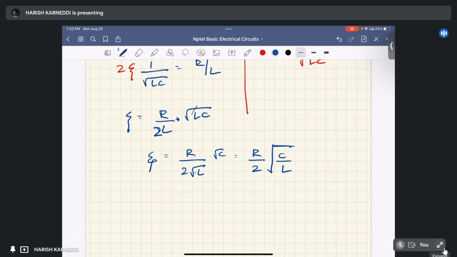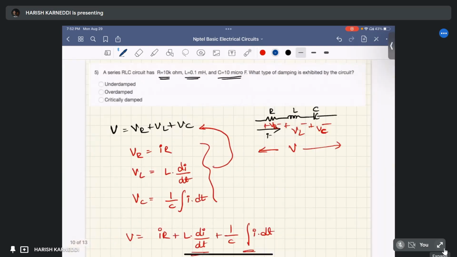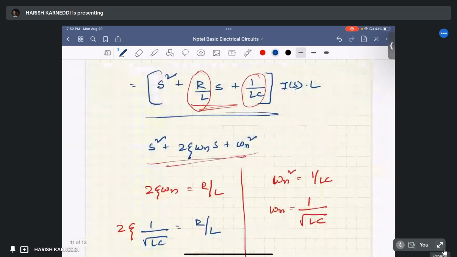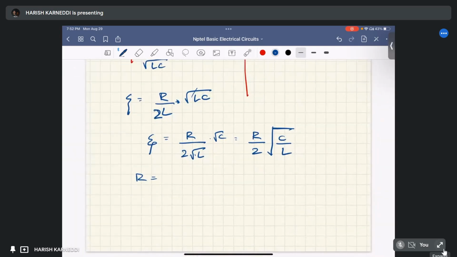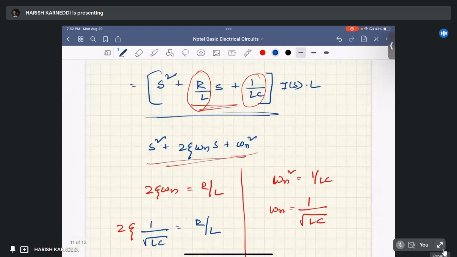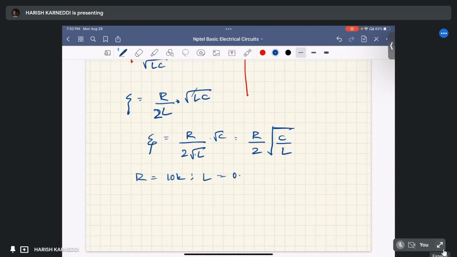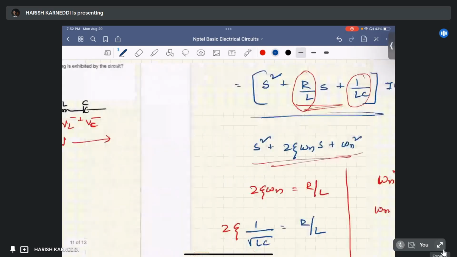You can substitute the values of R, L and C. What is the value of R? He gave us 10 kilo ohm, L equal to 0.1 millihenry, and C equal to 10 microfarad.